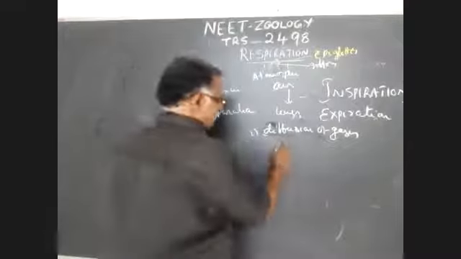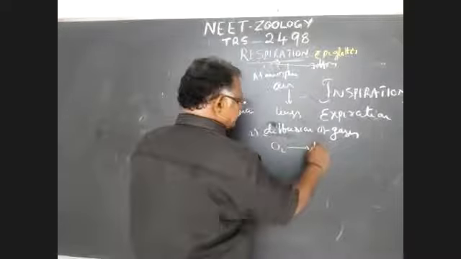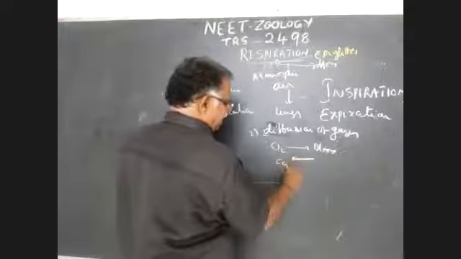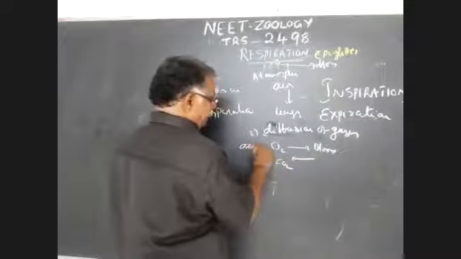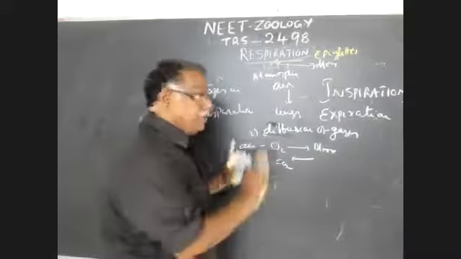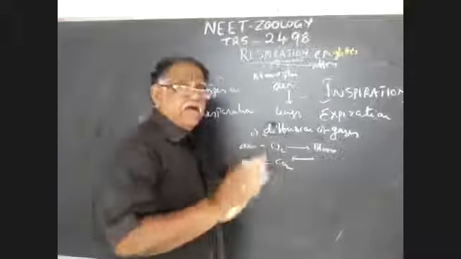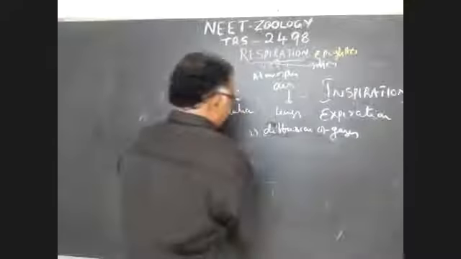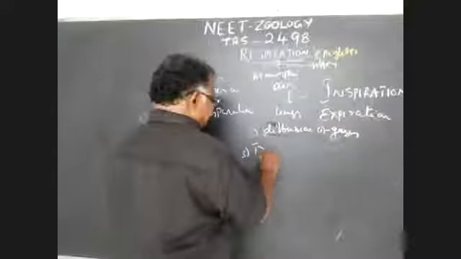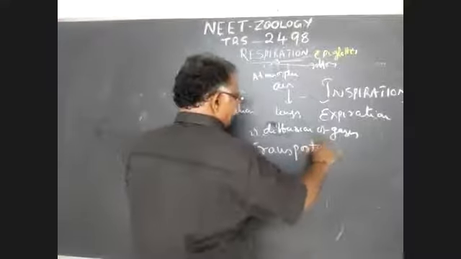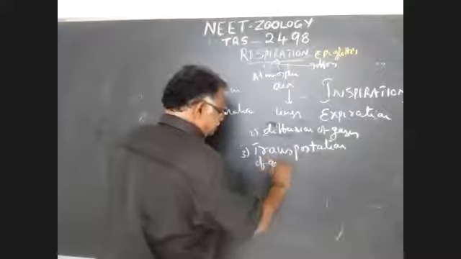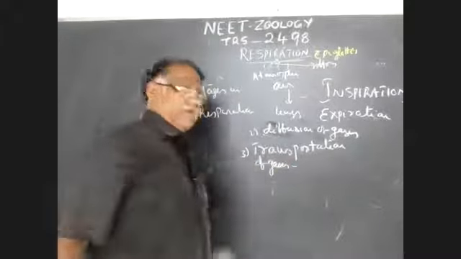That means oxygen enters into the blood and carbon dioxide enters into the air, across the alveolar membrane. And at the third stage, transportation of gases by blood.